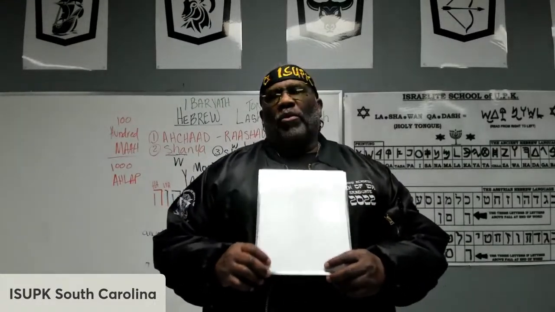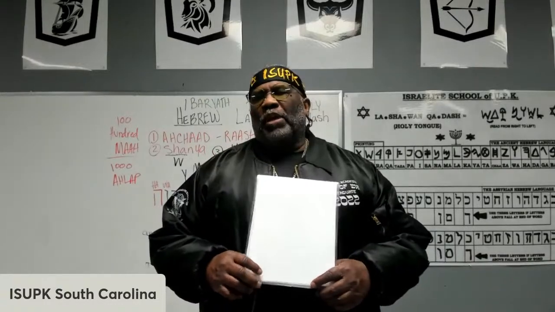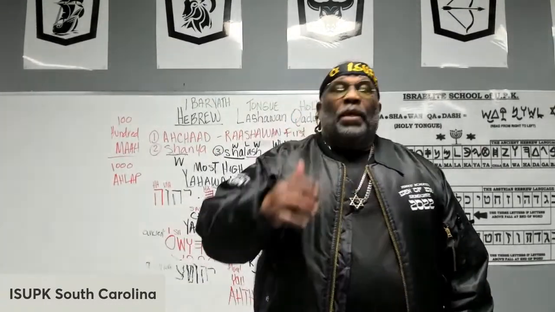This year, 2024, we're going to have it in Durham. Last time we had it in Raleigh. Durham, North Carolina. Make sure you pay your Passover fees. I believe it's $200 for brothers and sisters above 18 years old.